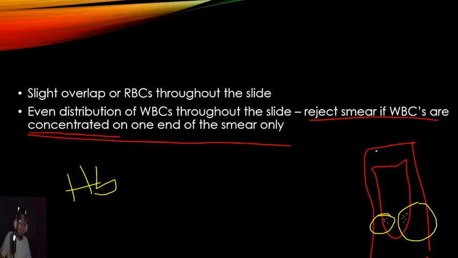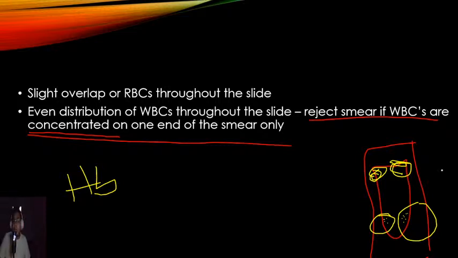Or the smear itself, when the technician or the technologist was making the smear, he did not use the proper technique. He put 2 blood drops. I've seen this several times, especially in my interns. My interns would make 2 blood drops because I think they feel it's not enough yet.